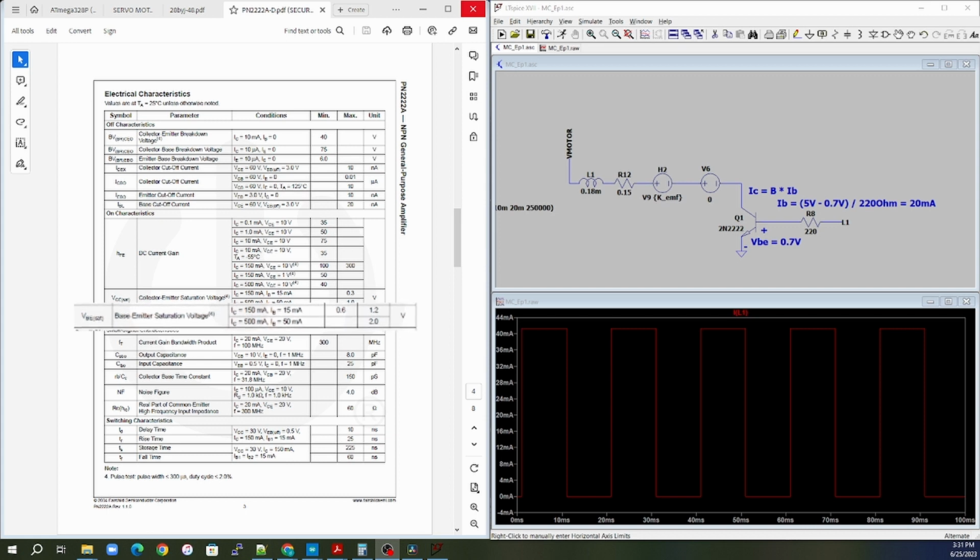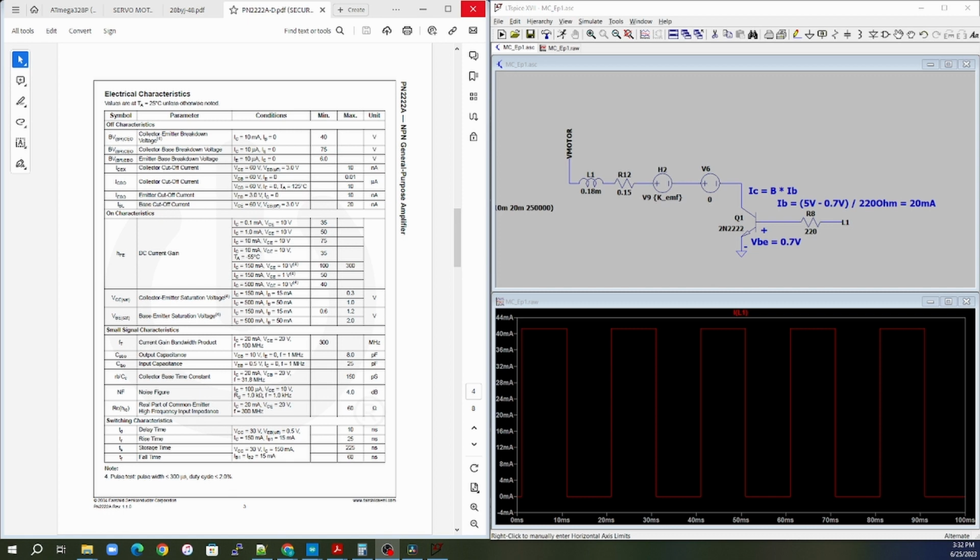So in this particular transistor, our VBE is anywhere between 0.6 and 1.2 volts. So I'm just going to go with 0.7 for this calculation. And so our base current is going to be 5 volts because L1 is going to be controlled by our microcontroller. So 5 volts minus the 0.7 volts VBE divided by the 220 ohm resistor into the base gives us a base current of about 20 milliamps.